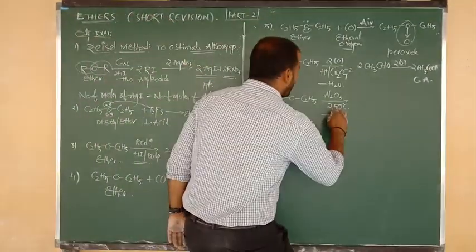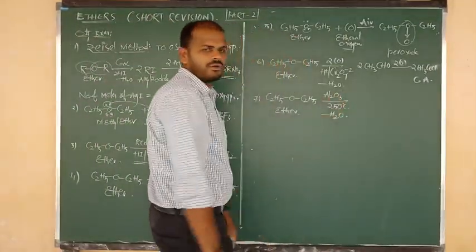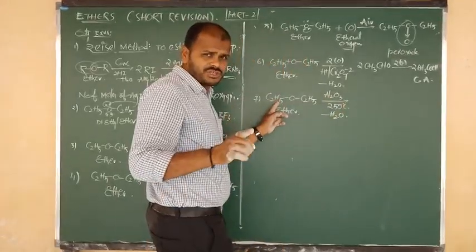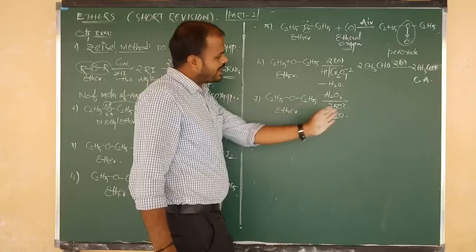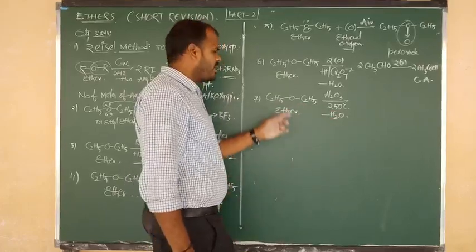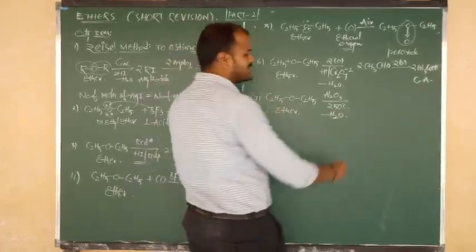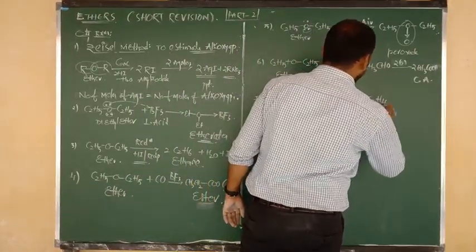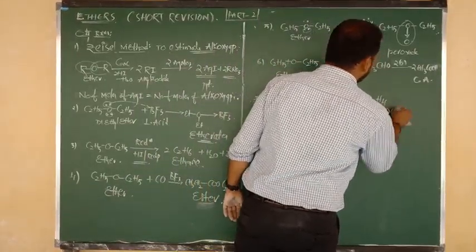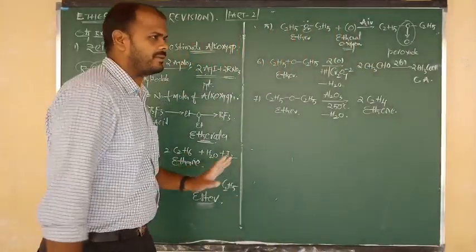Here elimination of water molecule will take place. How? From C2H5 remove one H, and it has to be a beta H. The H takes one oxygen and is removed in the form of a water molecule. So after the loss of H, C2H5 changes into C2H4. So how many moles of C2H4? 2 moles of C2H4 you are getting. The compound name is nothing but ethene.